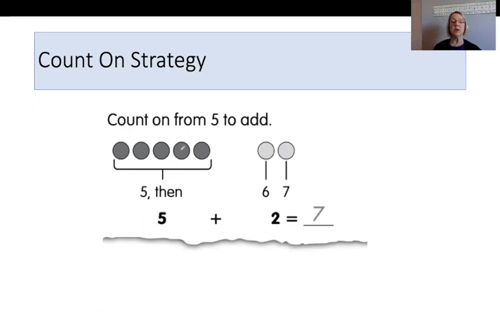So let's do that. Let's say 5. This is our largest addend, and then we're going to add 6 and 7 for a total, or sum, of 7. So this is called the count on strategy.